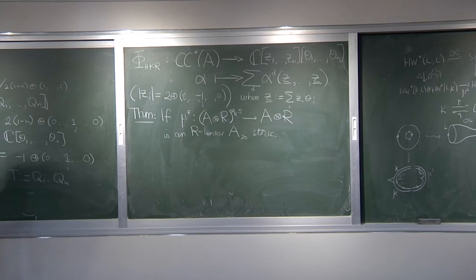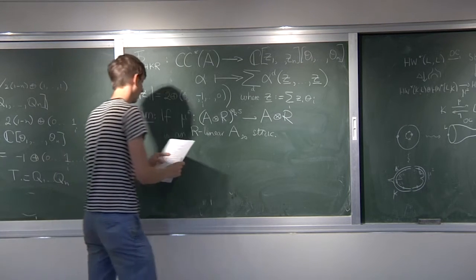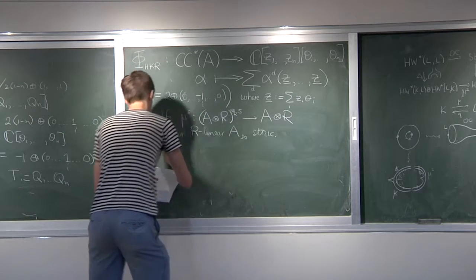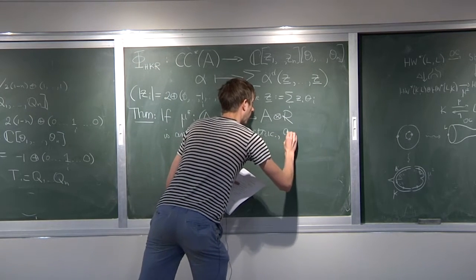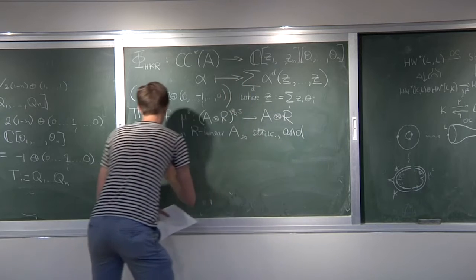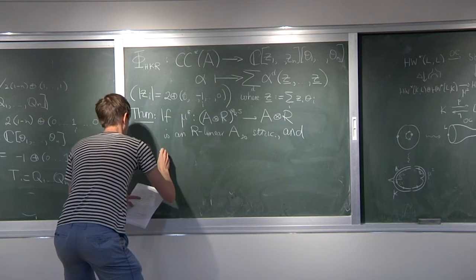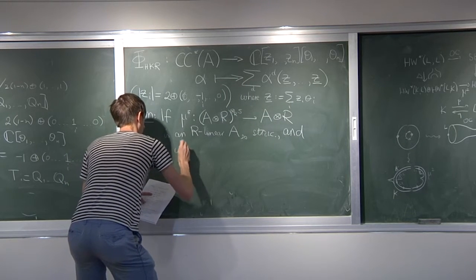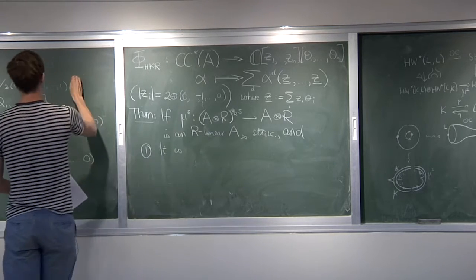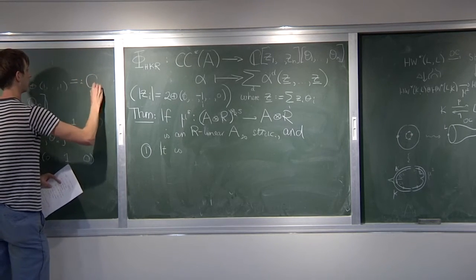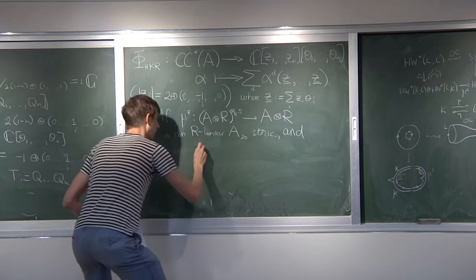If we have an R-linear A-infinity structure on this A tensor R, so let me call this mu.